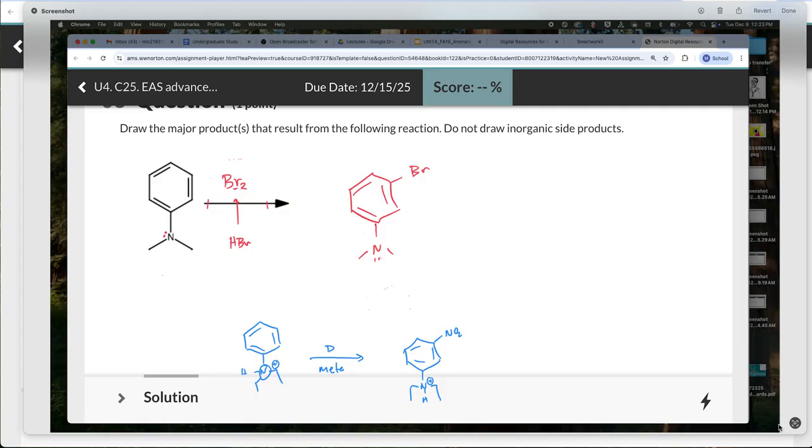So the dynamics behind this reaction are really, really nasty. All I can tell you is that you should treat that nitrogen as an activator, regardless of the conditions. Is that true? Hell no.